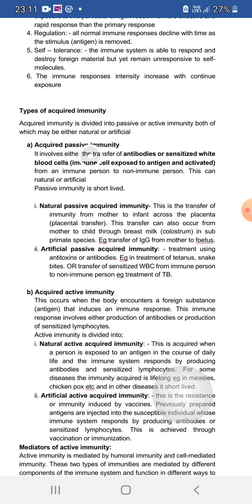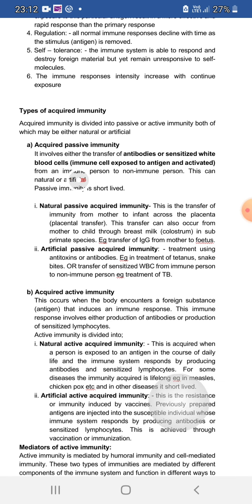So it involves transfer of antibodies or sensitized cells from a person who is immune to a person who is non-immune. Remember individual immunity: some people are immune because immunity differs, and others will be non-immune.